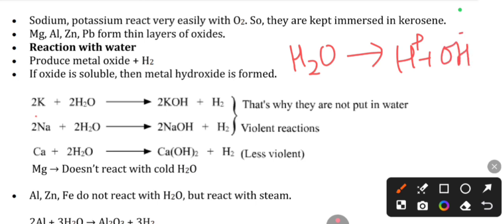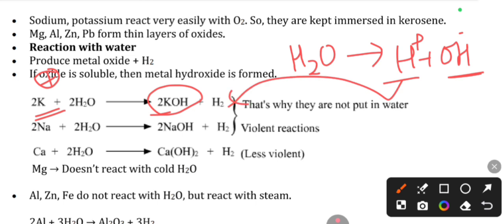Potassium has a metallic nature, you can say it has a positive charge. Positive charge reacts with negative, OH negative. So potassium will react with OH and give potassium hydroxide. So what is left behind? Hydrogen. It will be emitted in the form of hydrogen gas.